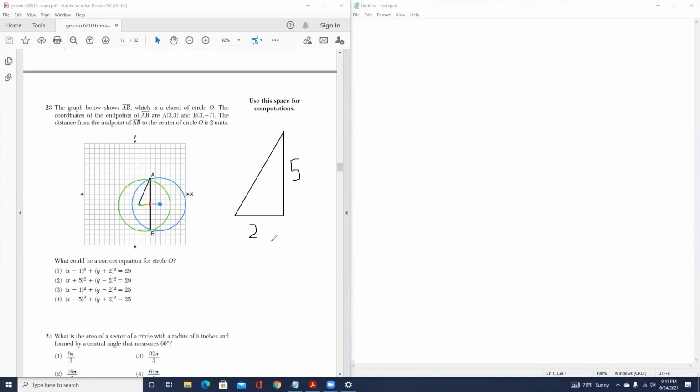And using the Pythagorean theorem, x squared is equal to 29. That means that x is equal to the square root of 29.